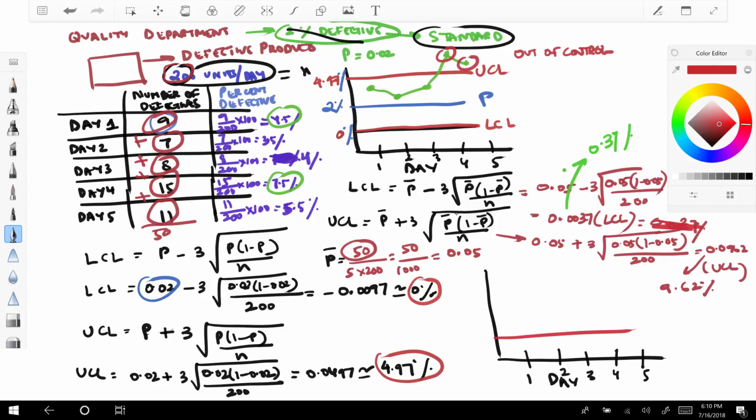So our lower control limit, LCL, is 0.37%. And then our upper control limit, UCL, is 9.62%.